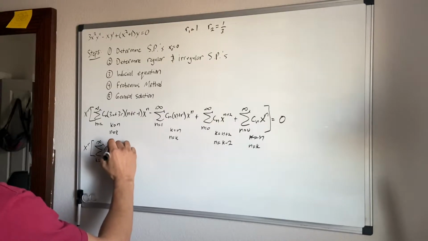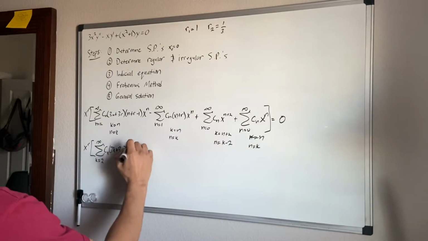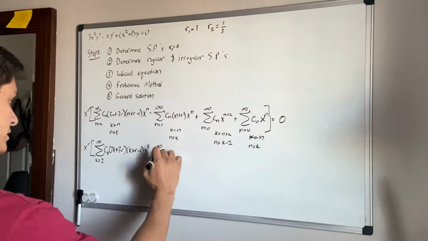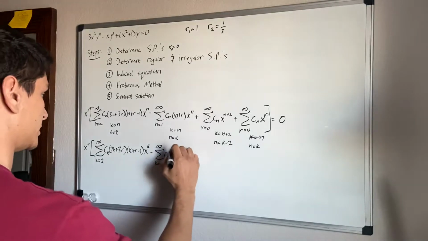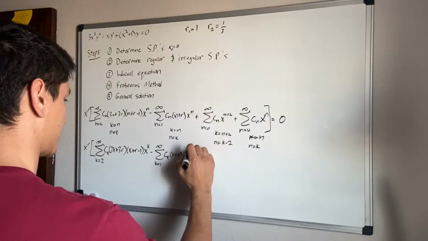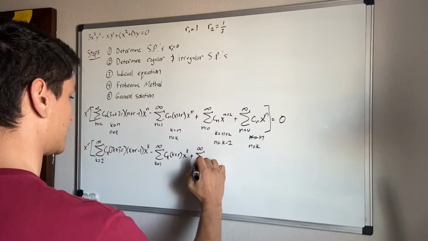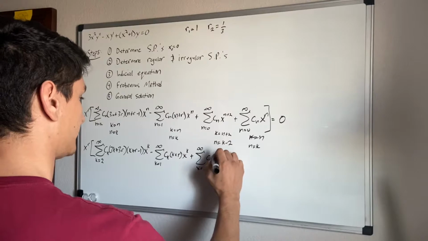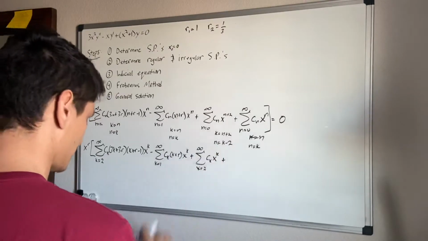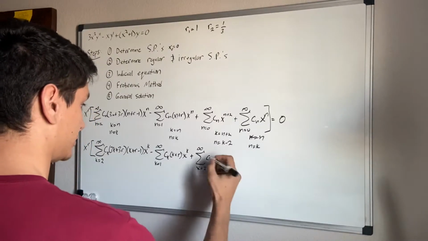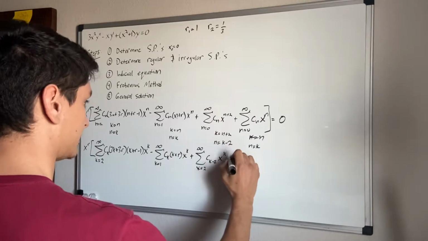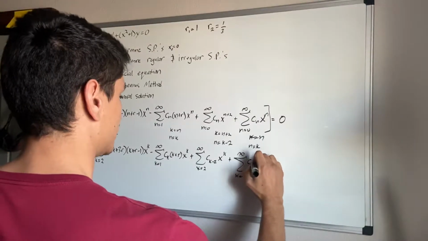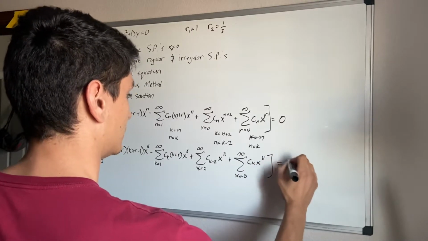And then we have c sub k times 3k plus 3r, then k plus r minus 1, x to the k, minus another infinite sum, k equals 1, c sub k, k plus r, x to the k, plus another infinite sum, k equals 2, because 0 plus 2, c sub k, x to the k, nope, that's actually wrong, c sub k minus 2 times x to the k, plus another infinite sum of k equals 0, c sub k, x to the k. All of this equals 0.